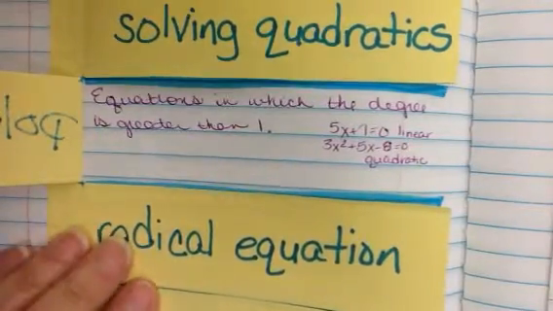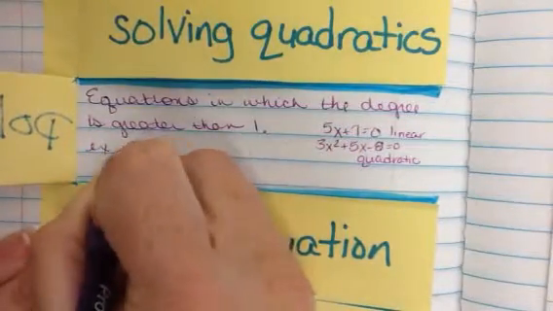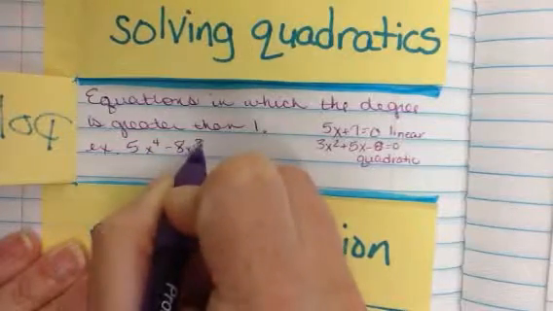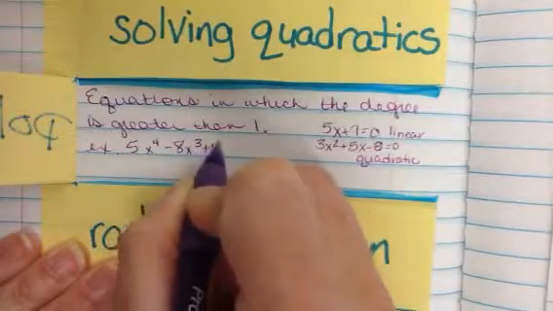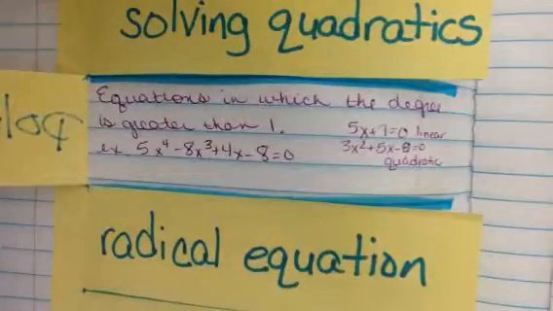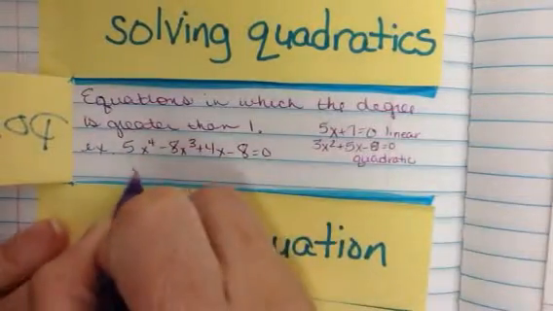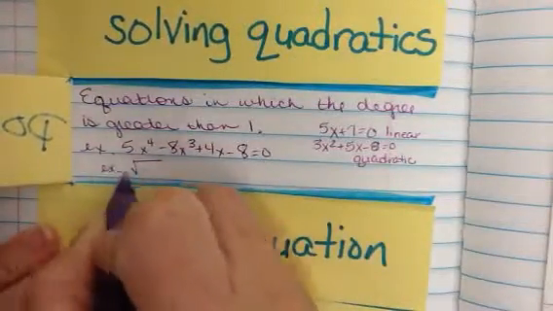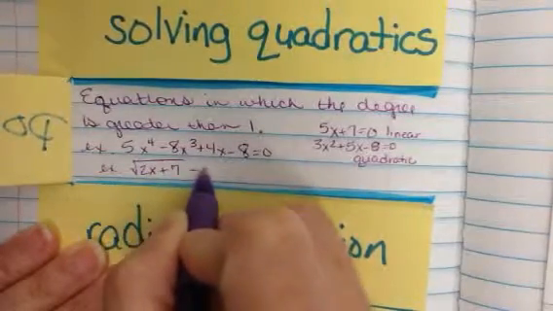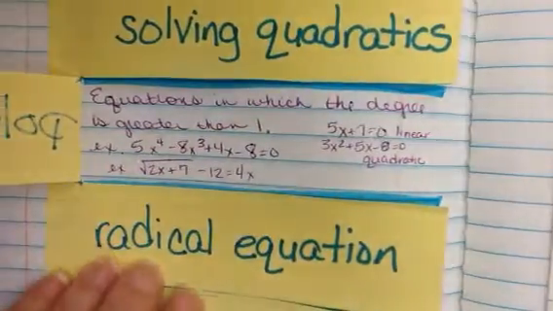So you may have something like, for example, 5x to the 4th minus 8x cubed plus 4x minus 8 equals 0. Okay. We also will look at some things where we have the square root of 2x plus 7 minus 12 equals 4x.